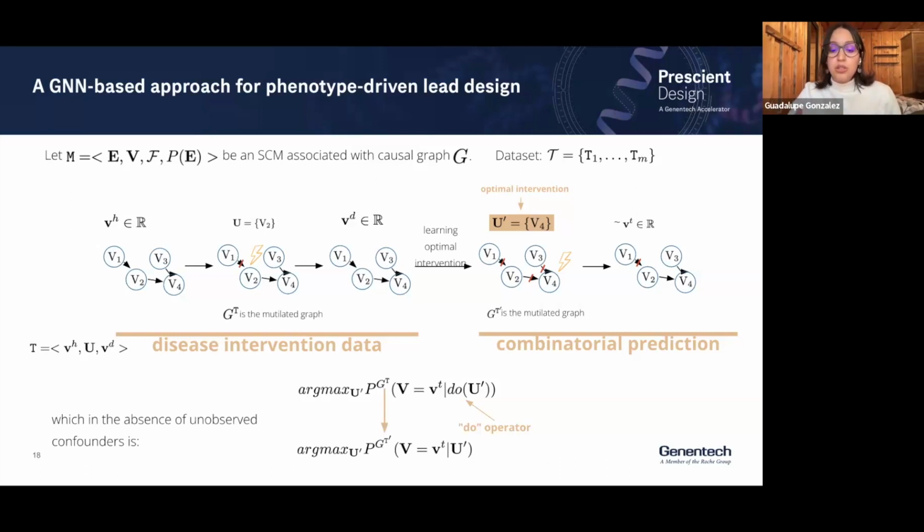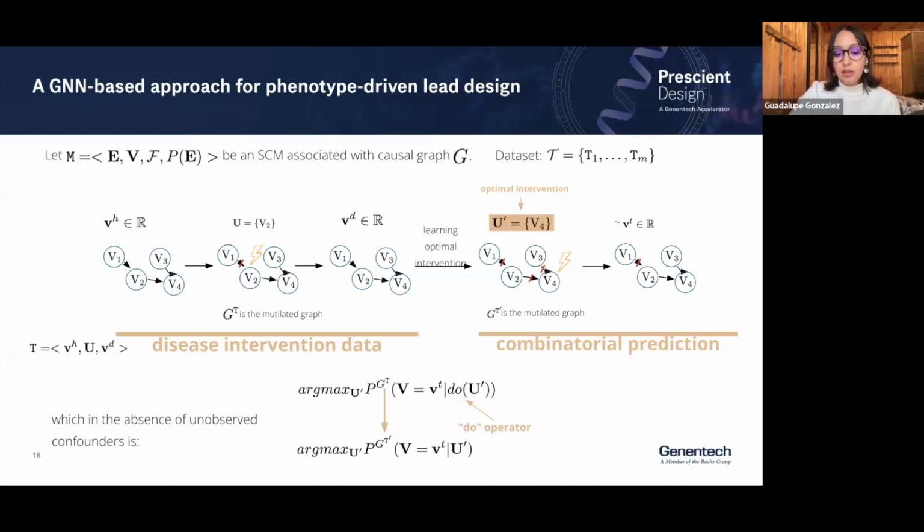And this allows us to transform this interventional probability into a conditional probability over the mutilated graph upon the interventions. So here we forego the do operator on this U prime by computing these probabilities over the mutilated graph when we intervene on U prime.